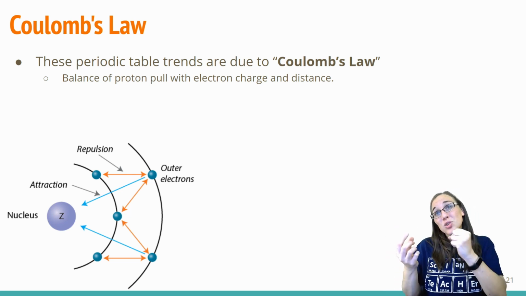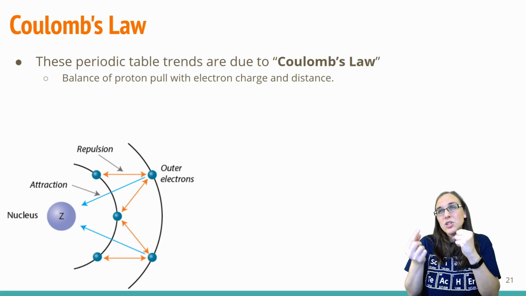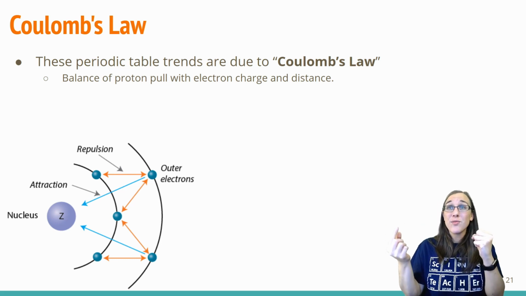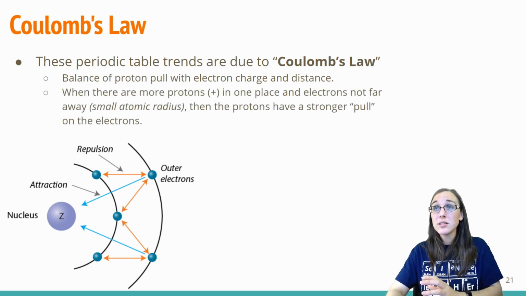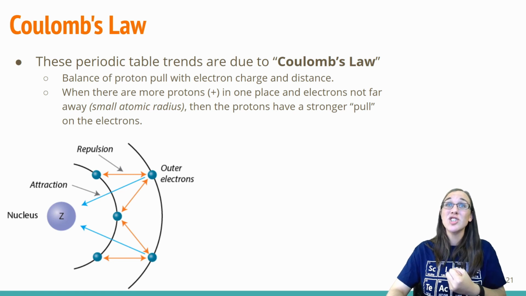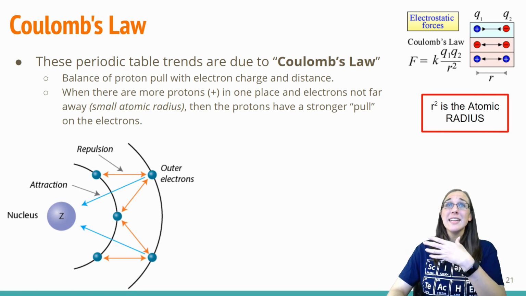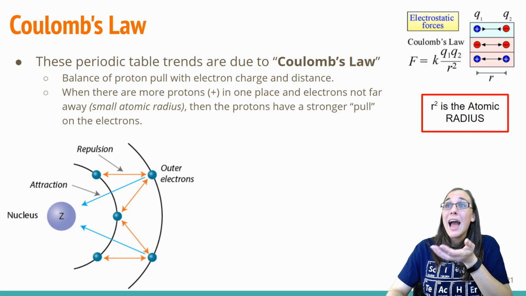If it has a strong pull, that electron is going to be kept tight towards the nucleus. If the pull isn't as strong, you have more electrons that are kind of floating farther away from the nucleus. This is Coulomb's law. It's a measure of the force of the pull of the protons on the electrons, the positive charge on the negative charge. So when we think about it, it's about radius. It's about how far and how strong is that pull.